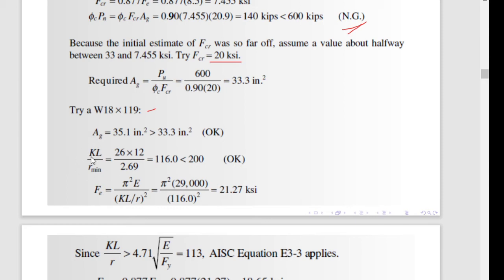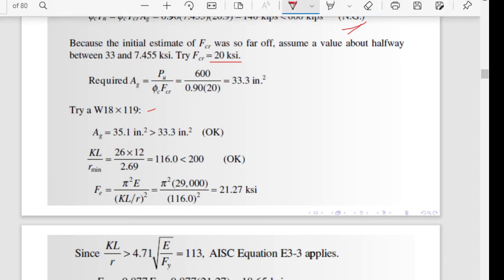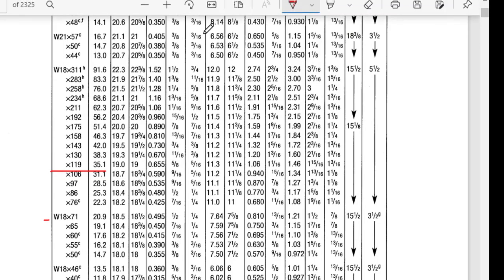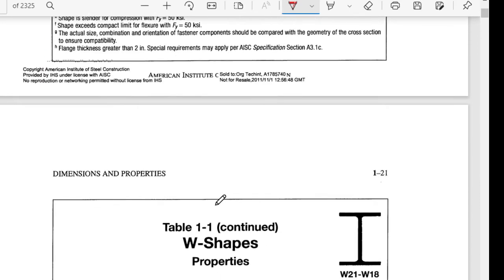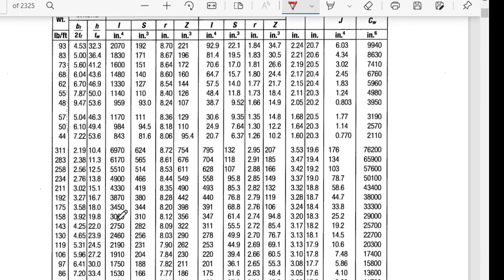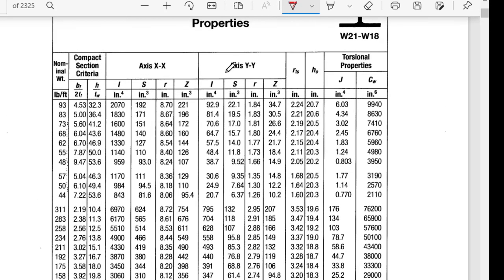Then again, we have to check the slenderness ratio. The minimum radius of gyration is based on the section we just selected. We have to see it in the table, right? It's not here, so I think it is in the continuation below. For 119, the minimum radius of gyration is at axis YY, no?